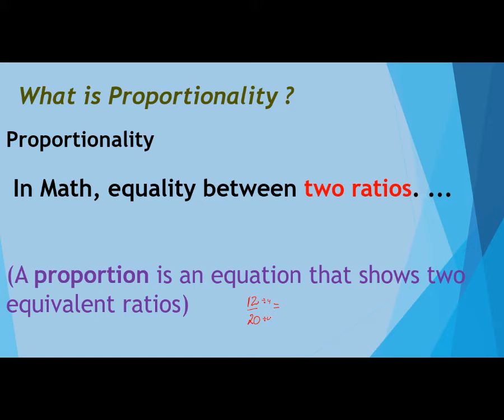So if I divide by 4, I end up with 3 and 5. So 12 over 20 equals 3 over 5, right? So this forms a proportion. If two ratios are equal, then that forms a proportion.